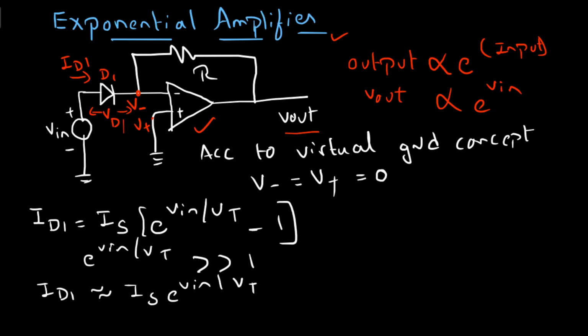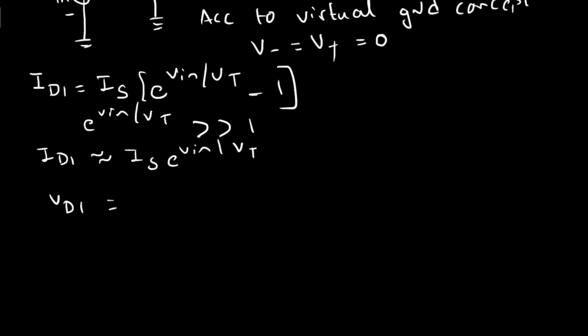Now let us take what is voltage drop across the diode. So the voltage drop across the diode, which is nothing but V in minus V minus. Okay, so VD1 equals to V in minus V minus. Okay, but according to the virtual ground concept, V minus equals to 0.